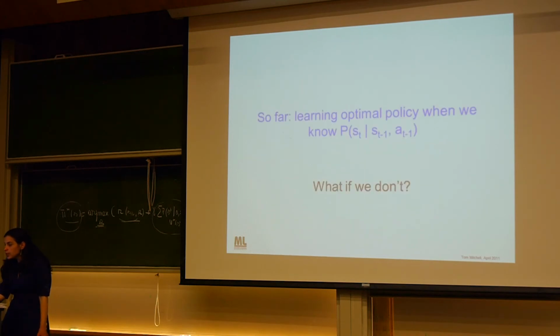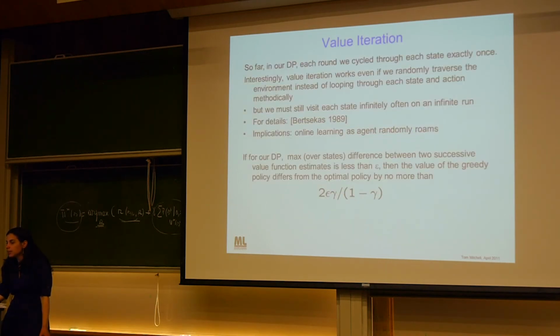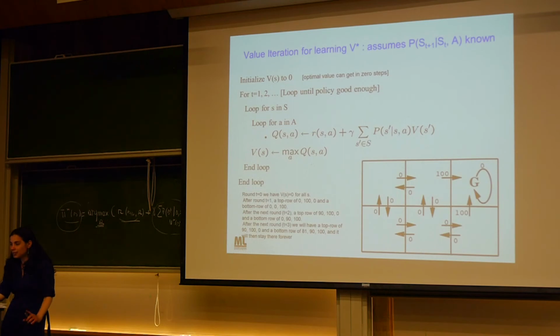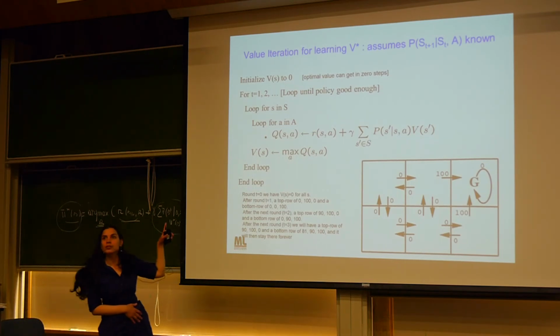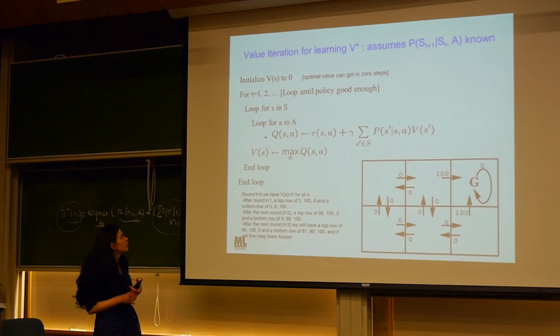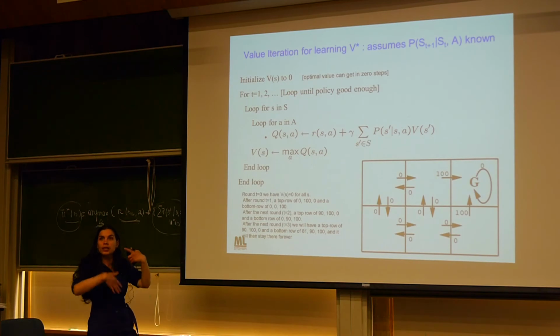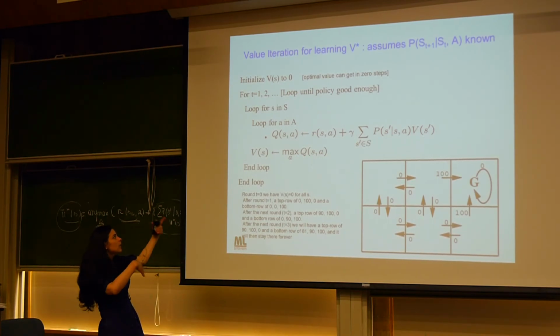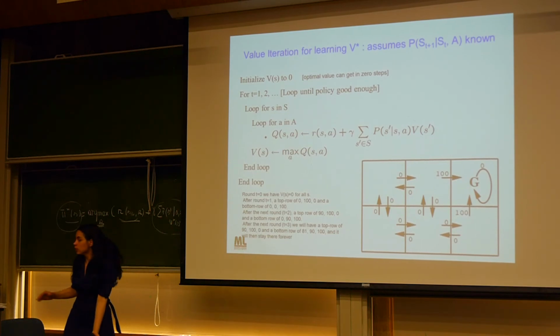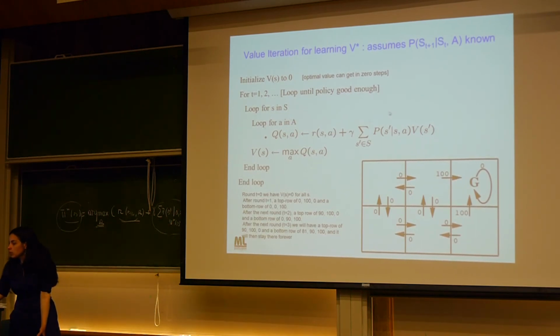So what is the key idea? Here is the value iteration algorithm for learning the V star function. When we defined this V star function, we also had the Q function. To define the V function with value iteration, we needed to know the rewards, because if you look at this update here, I definitely had to know the reward to update it.